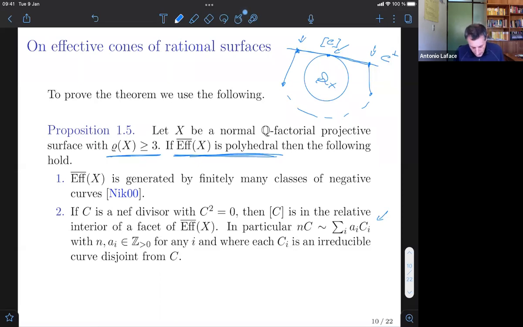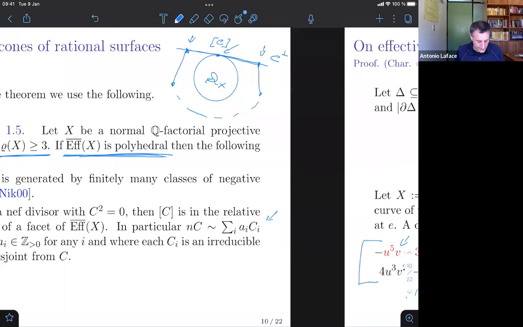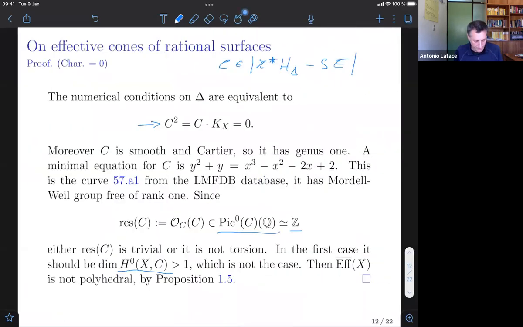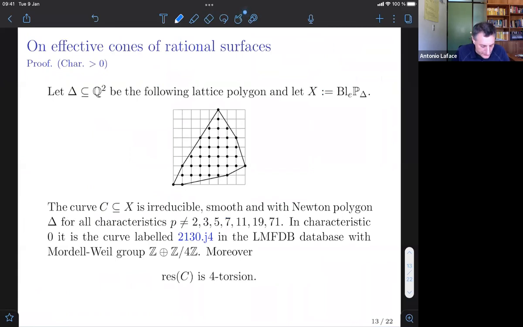We are not able to control these curves, but it is possible to move to another rational surface, which is anti-canonical, and there we can control these curves. So this is the construction that I'm going to explain now. So in positive characteristic, let me start with this other lattice polygon. It's a bit more complicated than the one we had before.